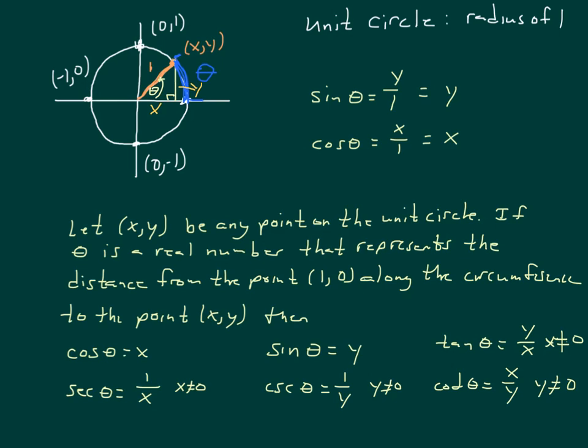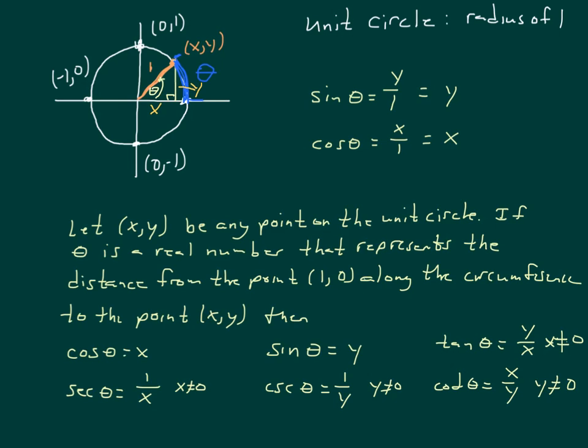So we're going to come down here, and we'll let (x, y) be any point on the unit circle. If theta is a real number that represents the distance from the point (1, 0) along the circumference to the point (x, y), then the cosine of theta equals x, the sine of theta equals y, which is what we just found out, and tangent, which should be very familiar. You should remember this one.